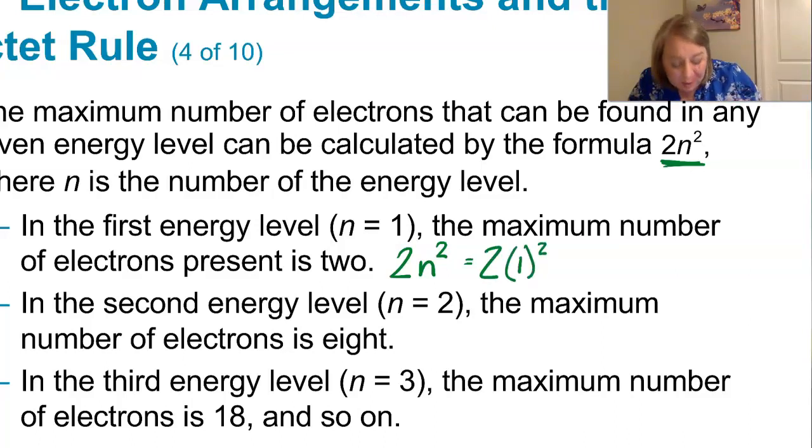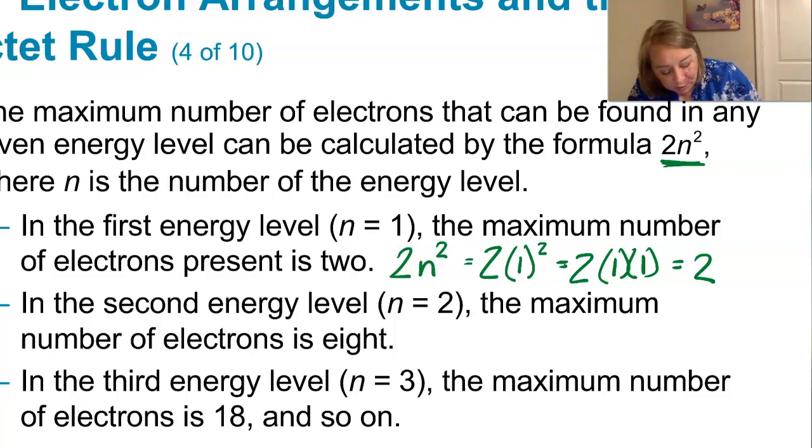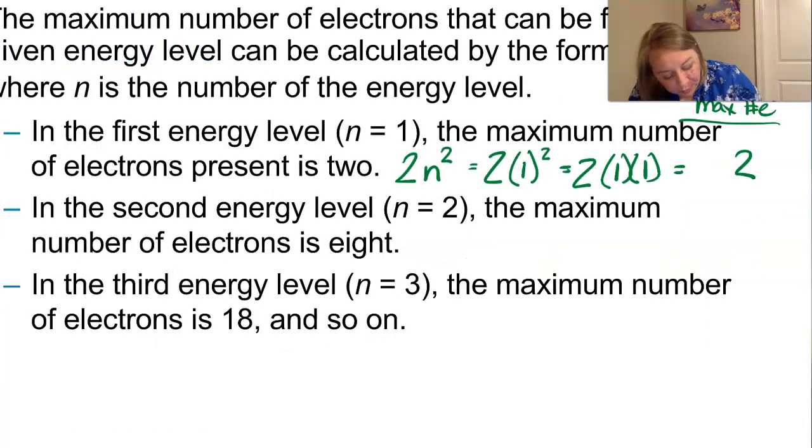And remember, if anything is squared, all that's saying is it's multiplied by itself. So 1 times 1 is 1, times 2 is 2. So that's true. So in our first principal energy level, let's make a little column, max number of electrons is 2. Let's put them in a nice neat column, right? So that's our first principal energy level.